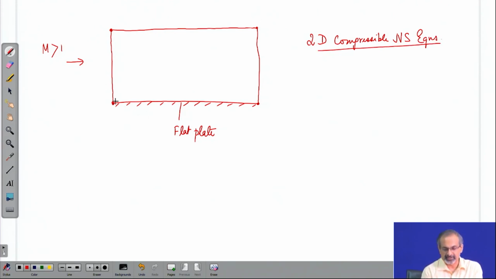Now, because it is viscous, as you can understand, obviously there will be a boundary layer formation on the flat plate, irrespective of whatever Mach number it is. And the boundary layer thickness delta also has an accompanying displacement thickness, right.